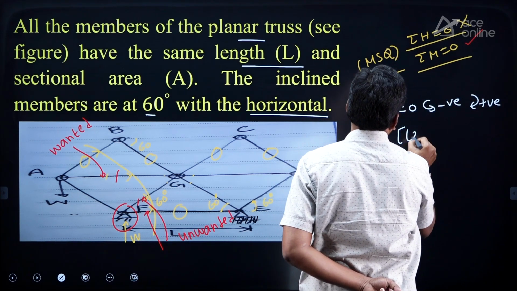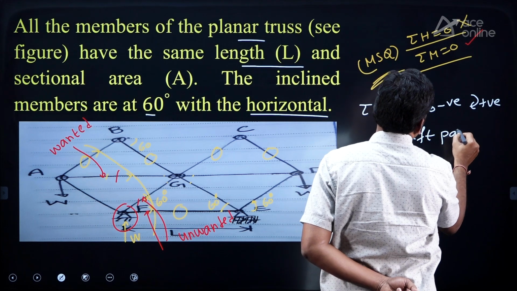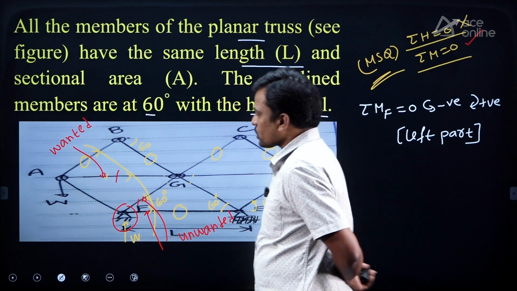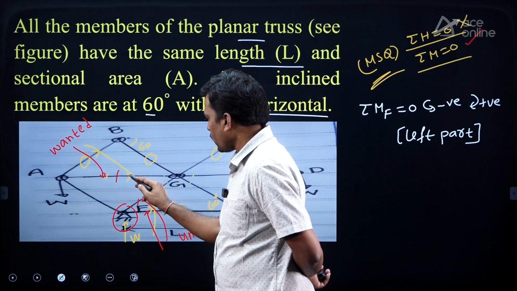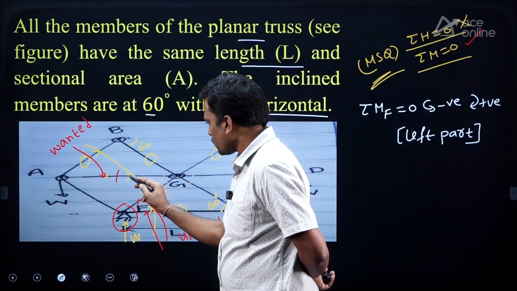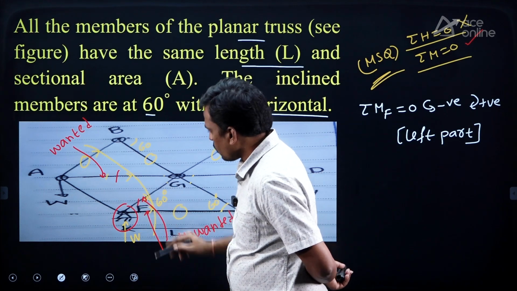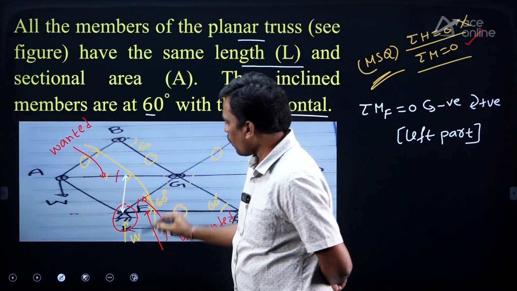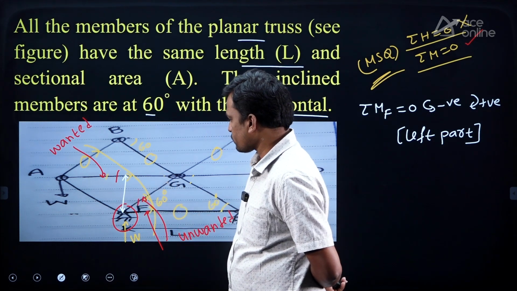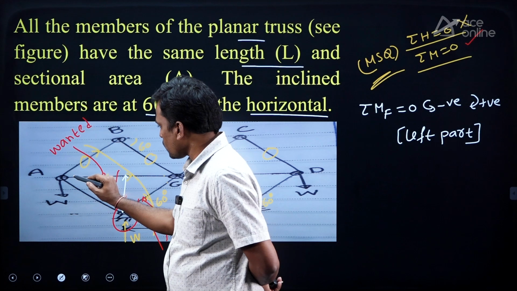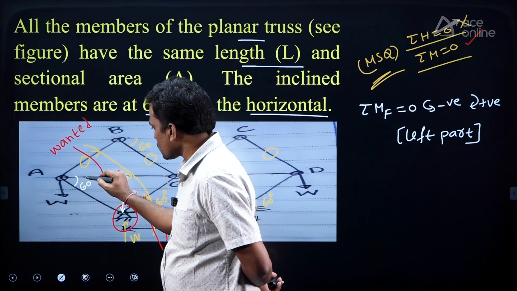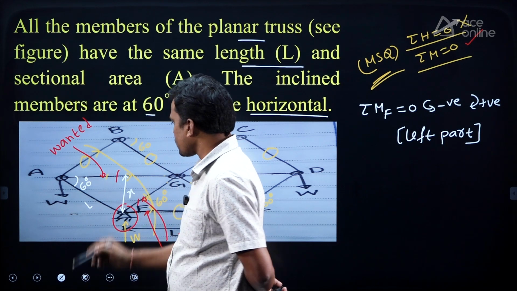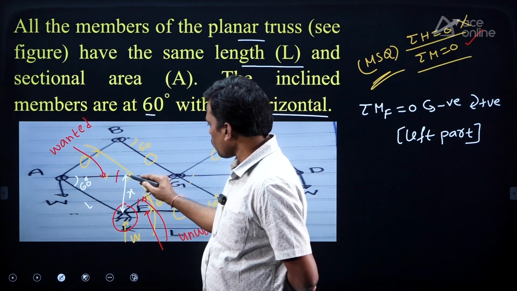So we are balancing left part of the structure. Okay, so in left part, students, this is the wanted member clockwise or anti-clockwise? This is clockwise, but we need this perpendicular distance. How to find this perpendicular distance, students? So this is 60 degrees, okay, and this length is L and this height is X. Okay, so how to find this one?